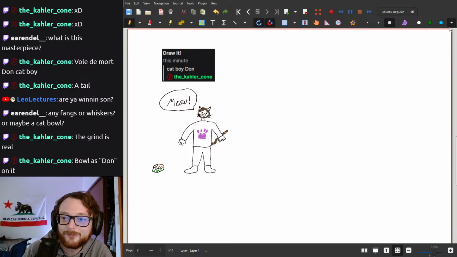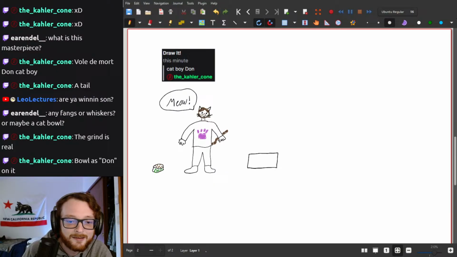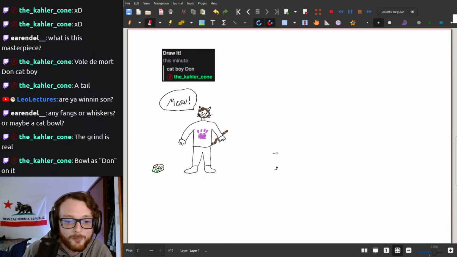Okay, litter box. I don't think this perspective is going to be quite right. It's definitely not right. It's right now. I basically put it on its side.